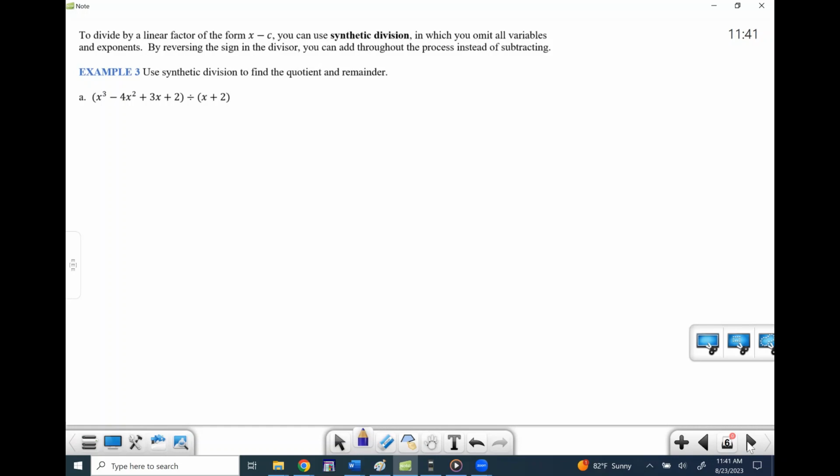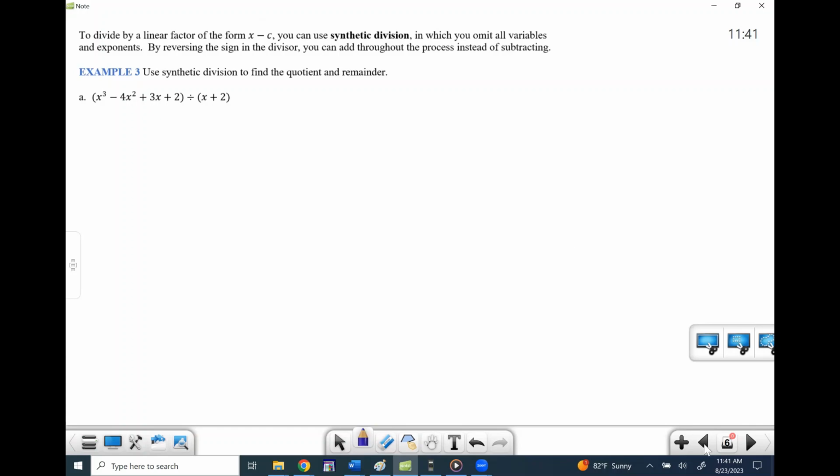All right. So now we're going to move on to what is basically the easier version of division. Now you can't use it on everything, so that's why we had to teach you long division. The divisor has to be of this form. It has to be x to the first, and it has to have no leading coefficient.